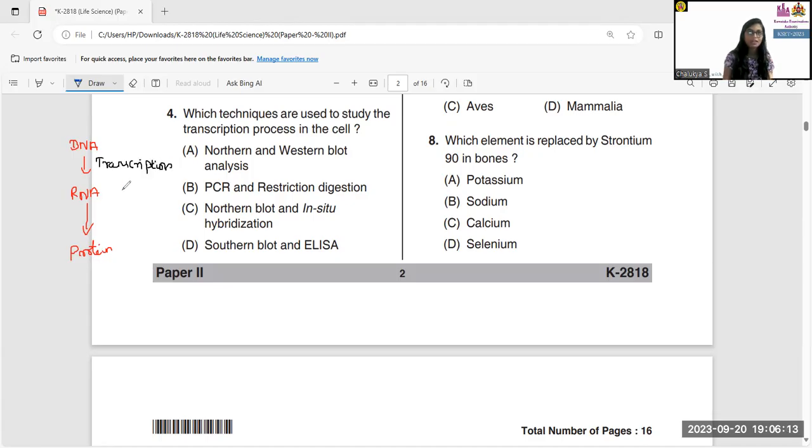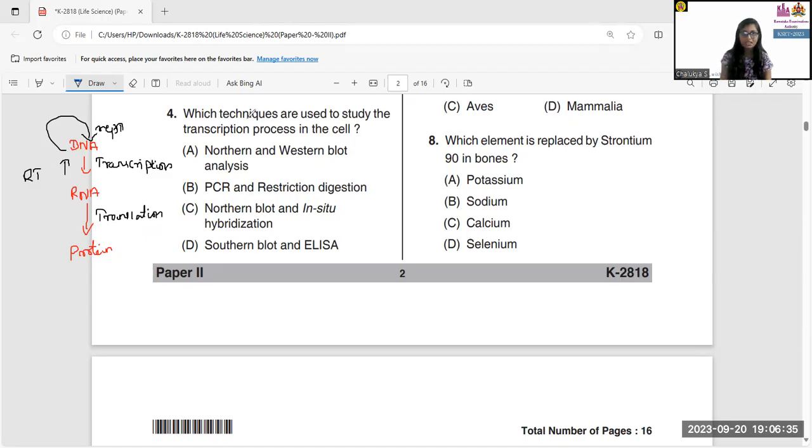The conversion of RNA to protein is called translation, or protein synthesis. The conversion of DNA to DNA is called DNA replication, and the conversion of RNA to DNA is called reverse transcription. This is the central dogma of molecular biology.